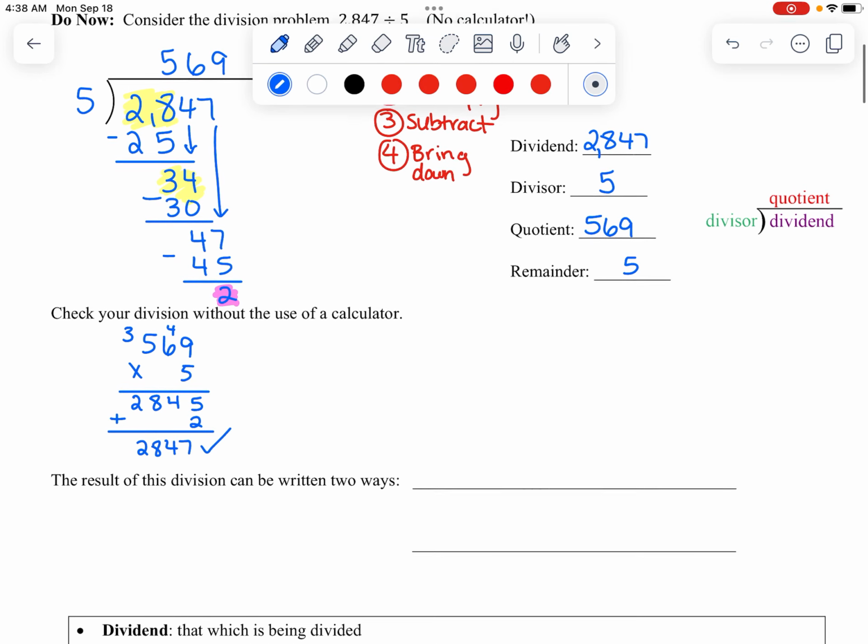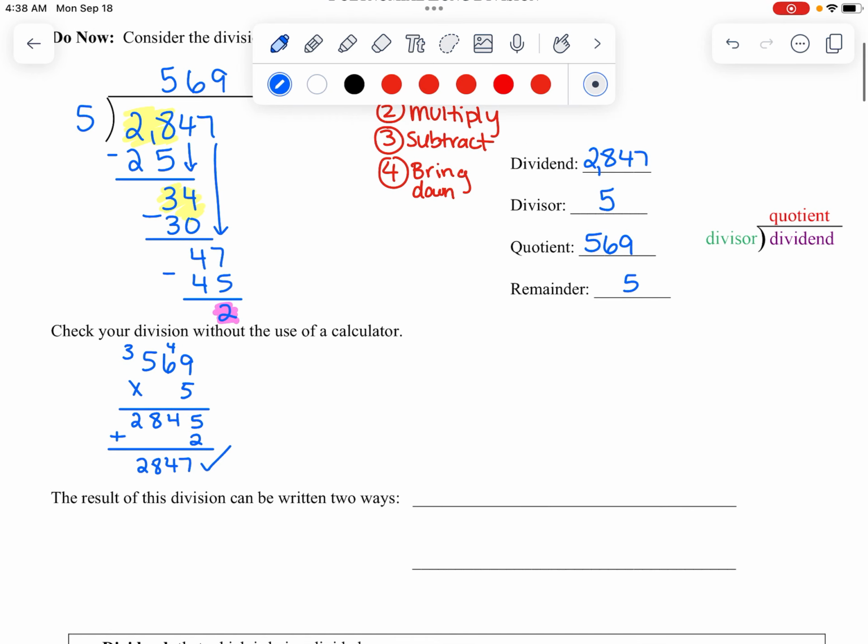The result of our division can be written in 2 ways. So one way you might have written this out when you did long division was you would write your quotient and then like an R2 to show that you have a remainder of 2. Another way to write it is to take your quotient and then show the adding of that remainder, but the remainder is really still stuck in the division process with the divisor of 5.